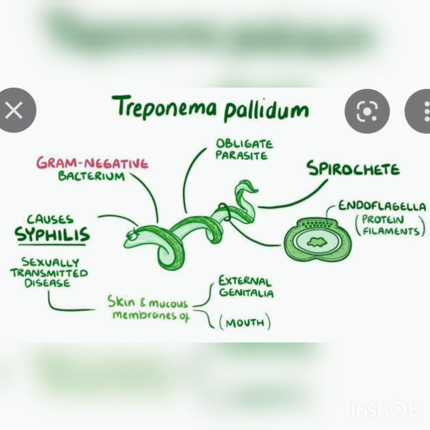It is then incubated with cardiolipin, which is a liquid extract of beef heart.